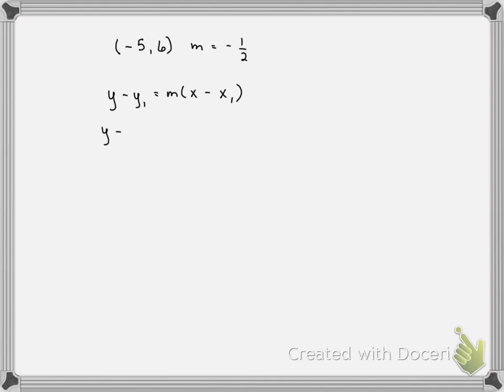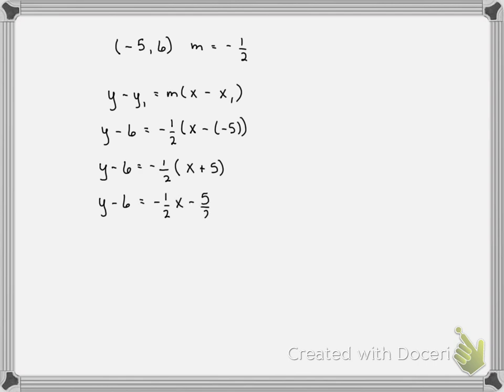So the y coordinate is 6, my slope is negative 1/2, and my x1, or my x coordinate, is negative 5. So y minus 6 is equal to negative 1/2 times x plus 5. And I will distribute the negative 1/2, okay, and then add over the 6.